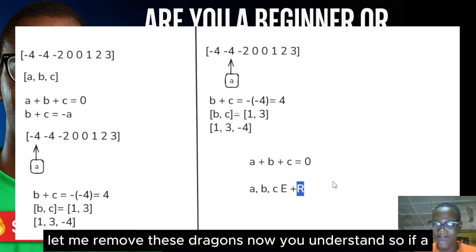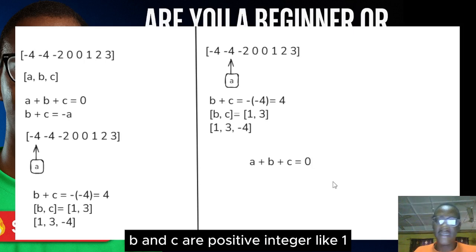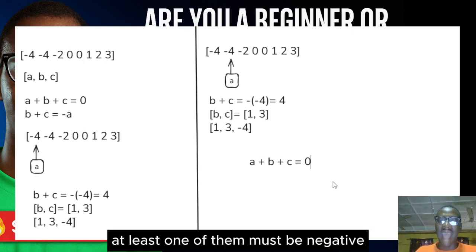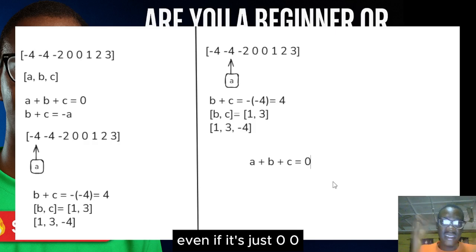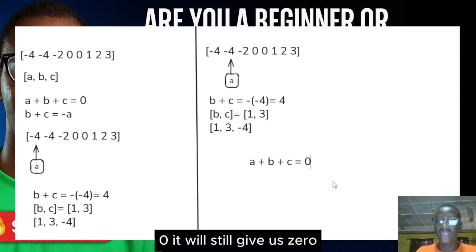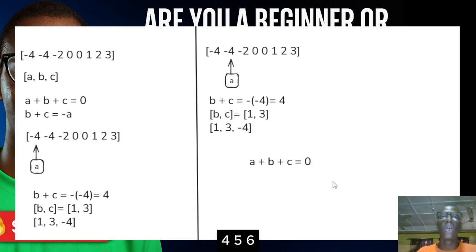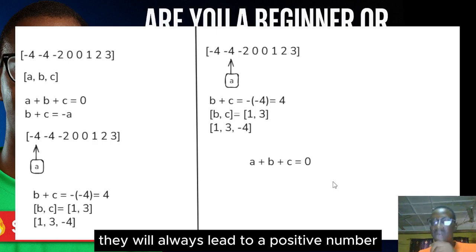Let me remove the jargon. If A, B and C are positive integers, like 1, 2, 3, it can never sum to 0. At least one of them must be negative for it to sum to 0. Of course, if all three are 0, 0, 0, it still gives us 0. But with something like 1, 2, 3, 4, 5, 6, 7, 8, 9, they will always lead to a positive number.